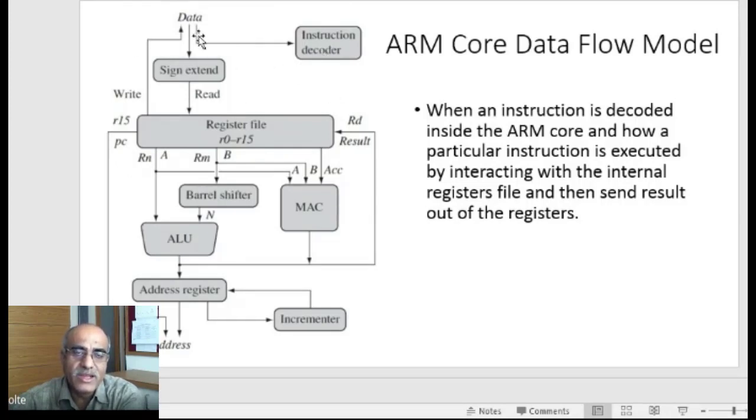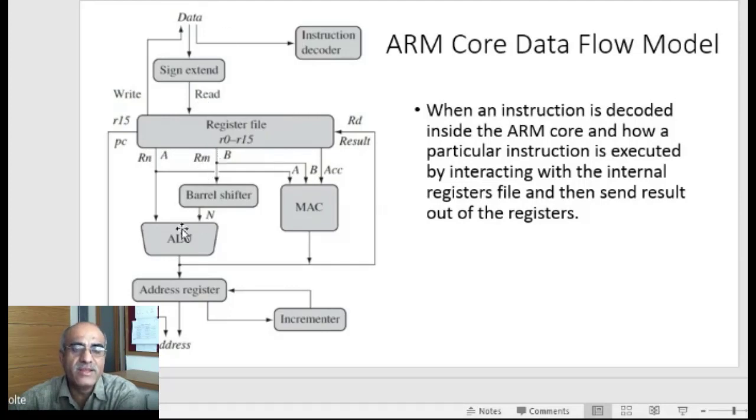Then second is decoding the data. Whatever opcodes and operands are available, that opcode gets converted into signals, and depending upon that signal, the next operation gets executed. So the fetching, then the decoding, and then the execution. Suppose one data is available in one register, that is Rn, and the second is available in Rm.